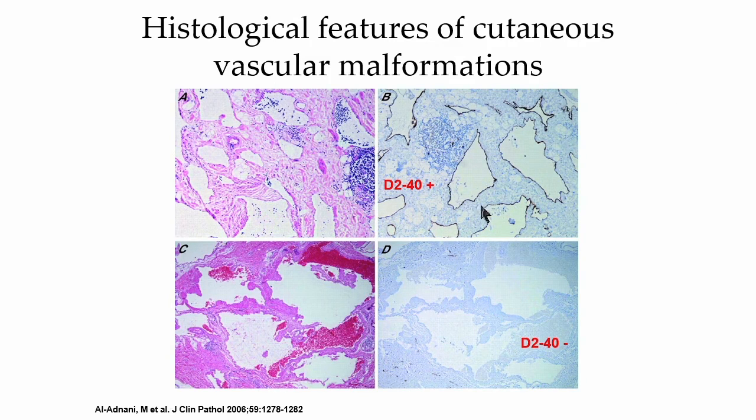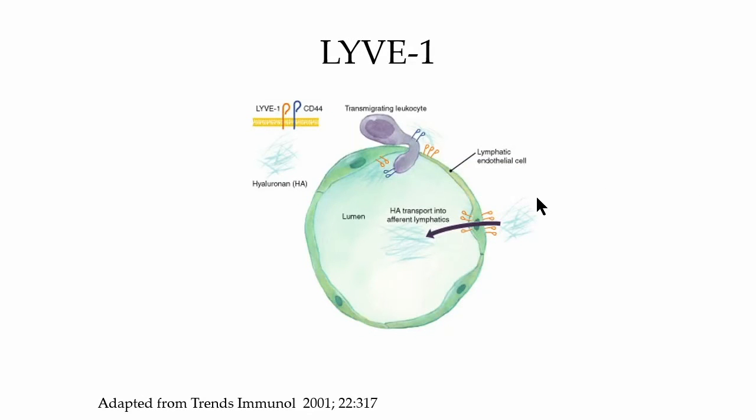But when we apply a specific stain, in this case an antibody against D2-40, which is basically looking for podoplanin, the presence of podoplanin on the endothelial surface, you can see that these vascular structures are podoplanin positive and therefore are lymphatic in nature. These are podoplanin negative and therefore are blood vascular in nature. So this is a blood vascular malformation, this is a lymphatic malformation.